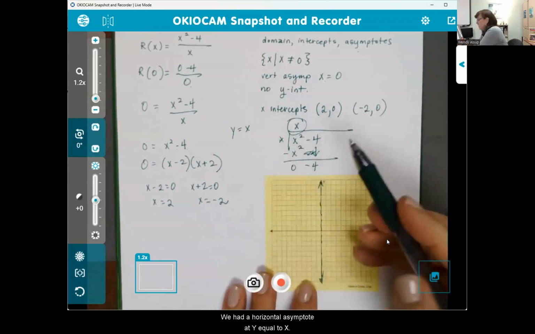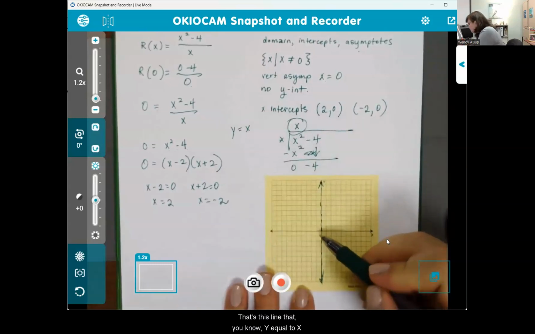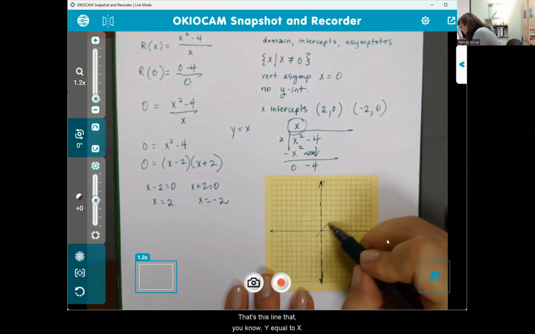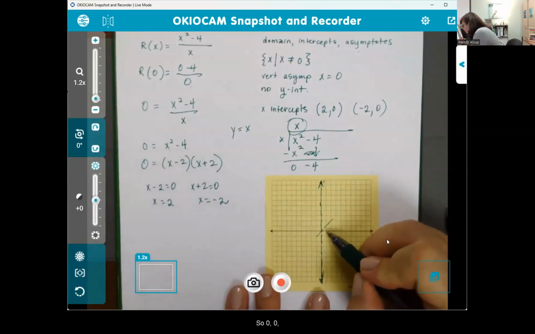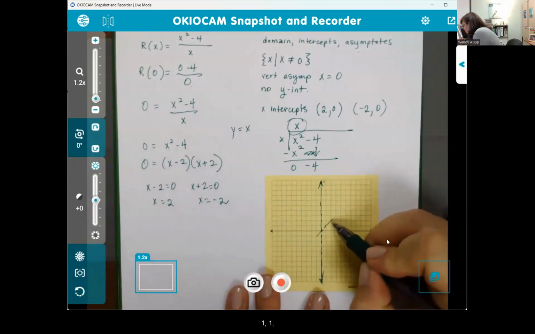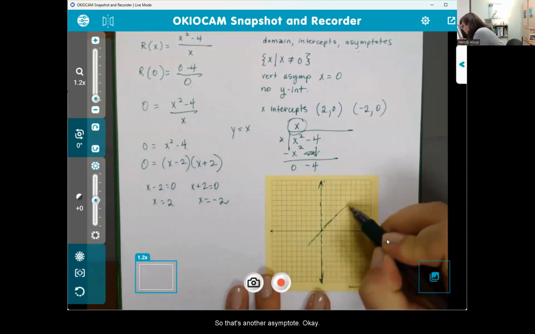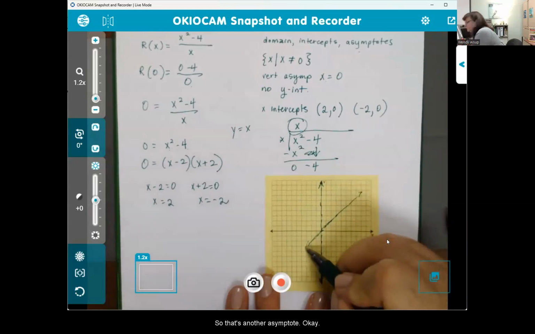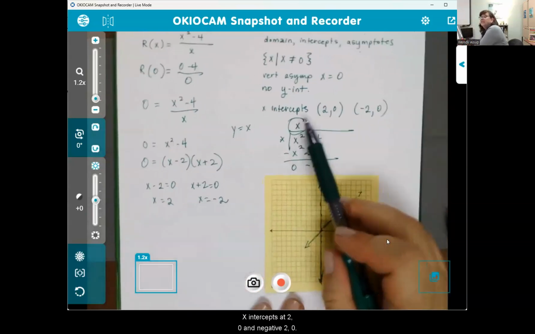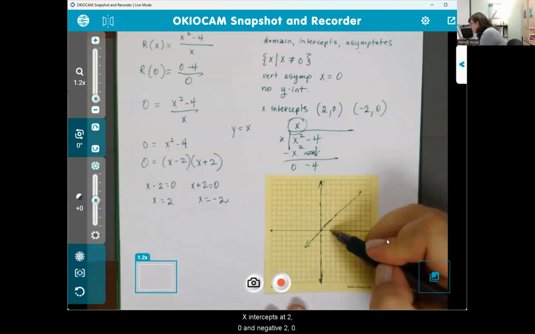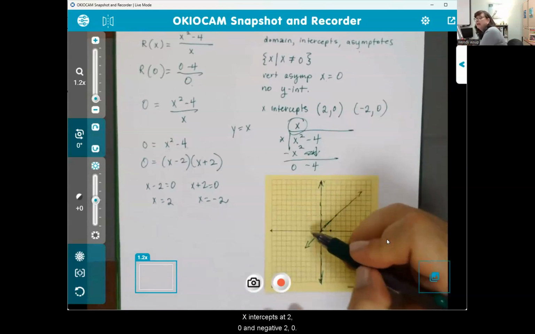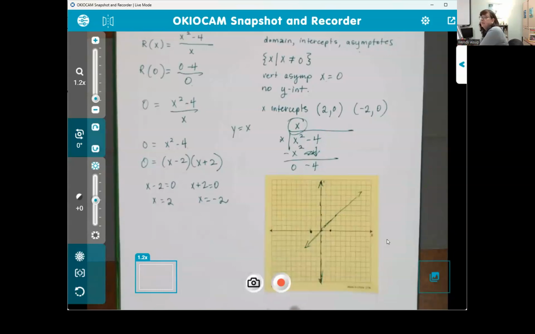We had a slant asymptote at y equal to x. That's this line, y equal to x. So 0, 0, 1, 1, 2, 2, 3, 3. So it's this one that goes right. So that's another asymptote. Okay. X-intercepts at (2, 0) and (negative 2, 0).